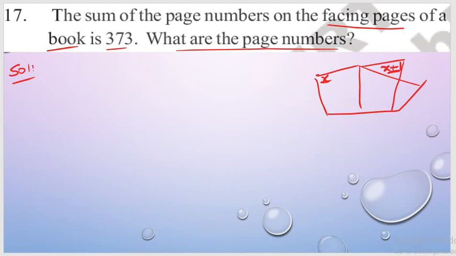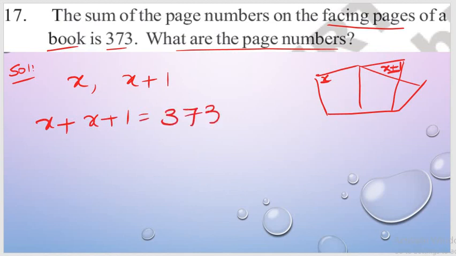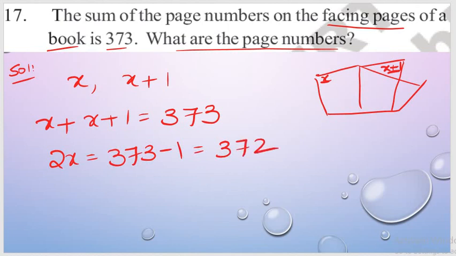You might have seen the pages of a book, right? Now what he has given is the facing pages. So if I consider the page numbers as x and x plus 1, or we can consider it as x minus 1 and x also. He has given the sum of these page numbers, so x plus x plus 1 is equal to 373. From this, 2x is equal to 373 minus 1, which is 372.